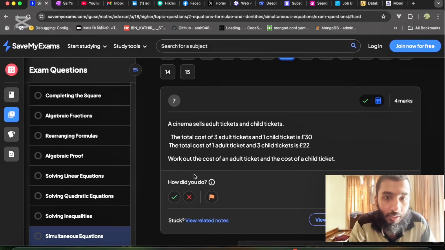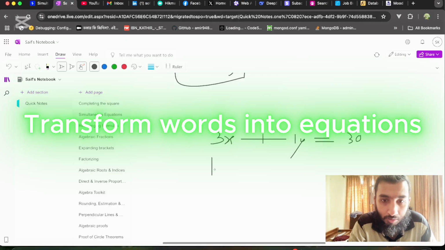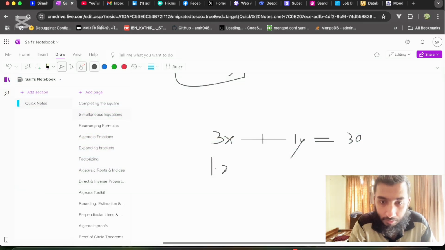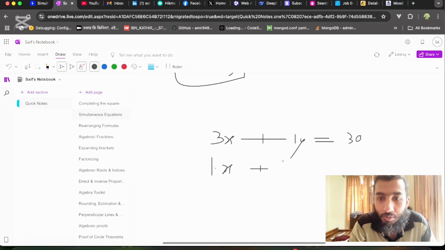This is one equation. Another equation is the total cost of 1 adult ticket and 3 child tickets is 22 pounds. 1 adult ticket, or 1 into x, plus 3 child tickets equals what? 22 pounds. So this is 22.